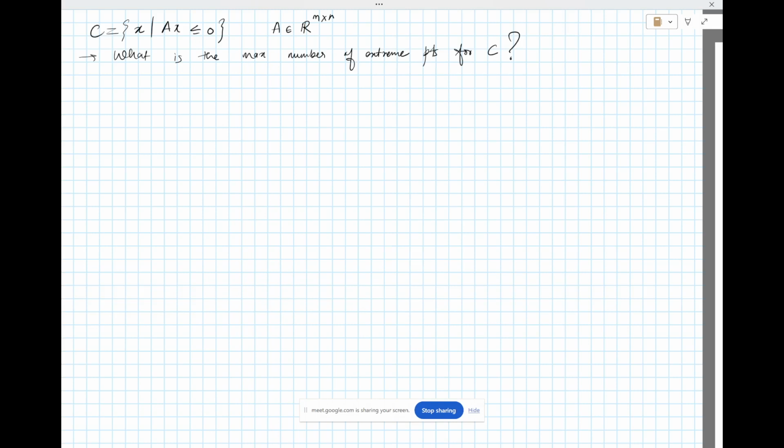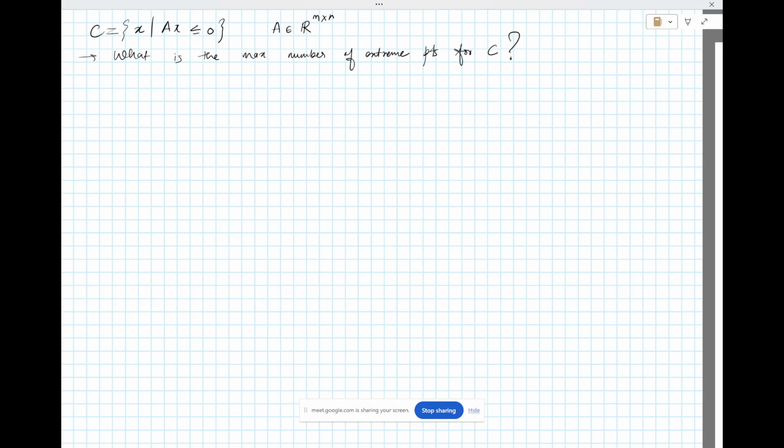A is a full rank matrix. Whatever be the case. M minus n. Yes, M minus n. I was solving a similar question; that's why I'm just creating an analog.